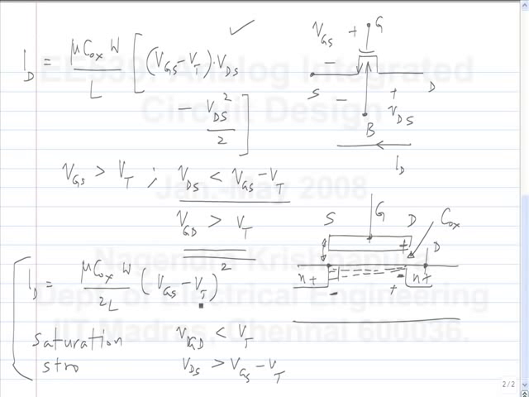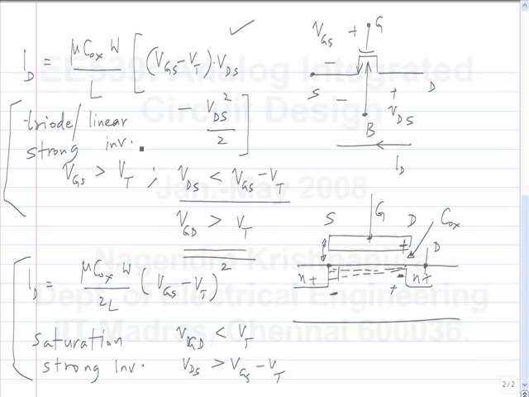That is why we get this square law. And this is the non-saturation or triode region, or the linear region, and this is also strongly inverted. And when VGS is less than VT, you assume that it is off. That is the very basic model of the MOSFET.